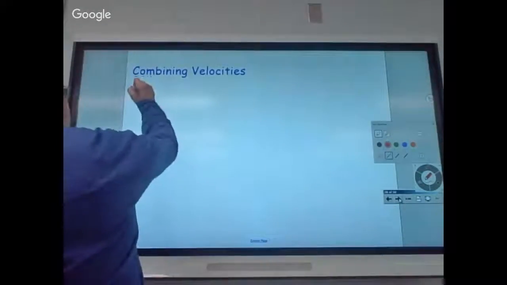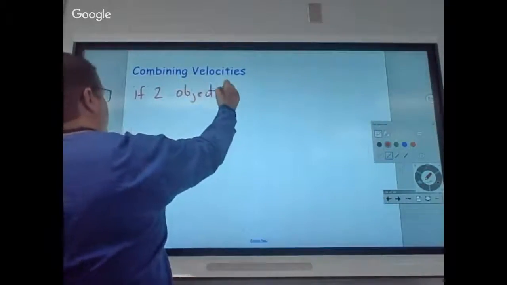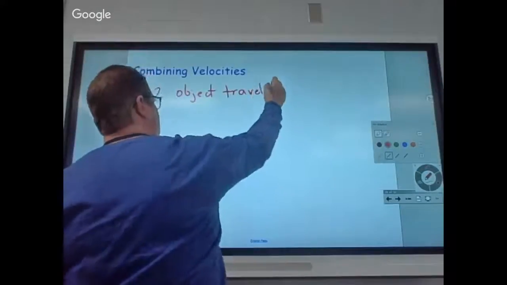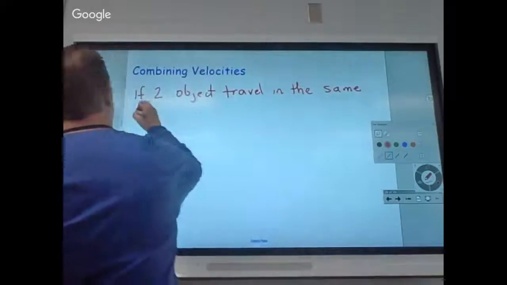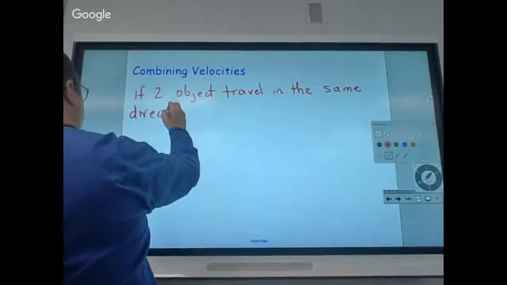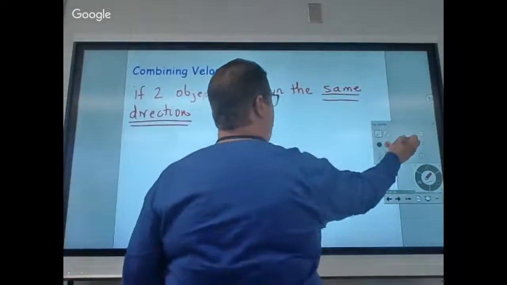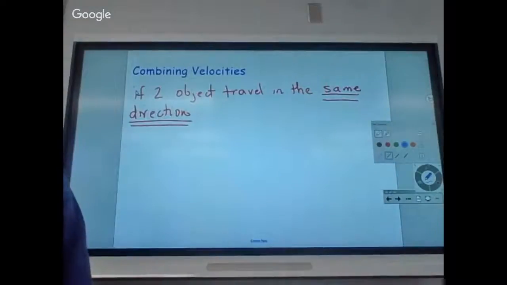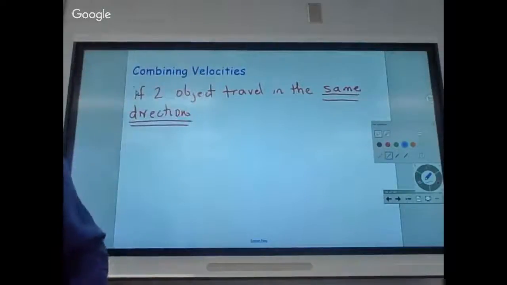Now, if two objects travel in the same direction, what do you suppose we do? For example, I drive to my mom's and the wind is blowing behind me. So it's like pushing the car. What do you suppose the wind does to my car? Makes it go faster. So what do you do to figure out the velocity if the wind and the car go in the same direction?